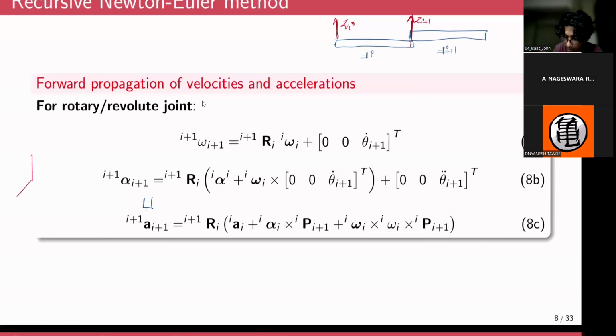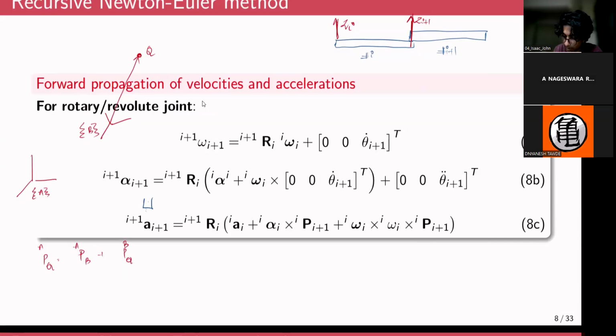For example, if you have a fixed frame A, and a moving frame B, and a vector Q, which is expressed with respect to B, and we want to know the position vector of Q with respect to A, from basic vector addition principles, we can say that the position vector of Q with respect to A is the position vector of B with respect to A plus the position vector of Q with respect to B, right?